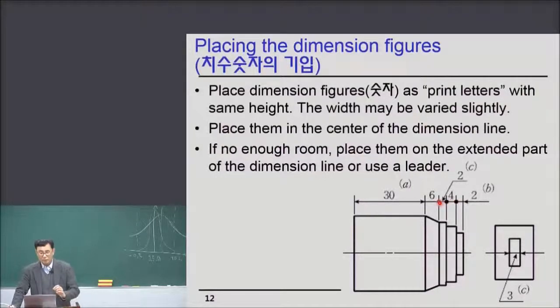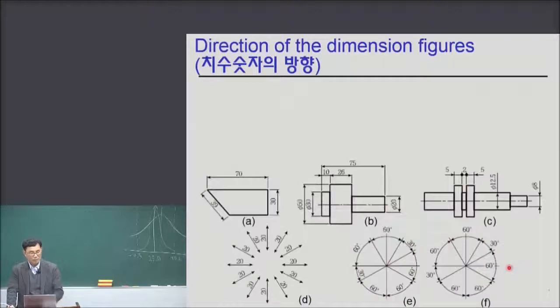So arrowhead, not enough space for an arrowhead, so you may use a dot as an ending symbol here. And since the space is very narrow, you may use a leader to place number 2 like this, okay? All right? And the 3, the dimension 3, using the leader, so you place the number here, right?